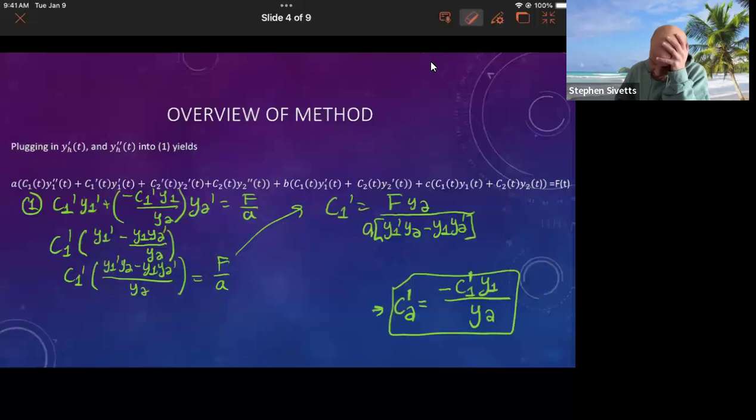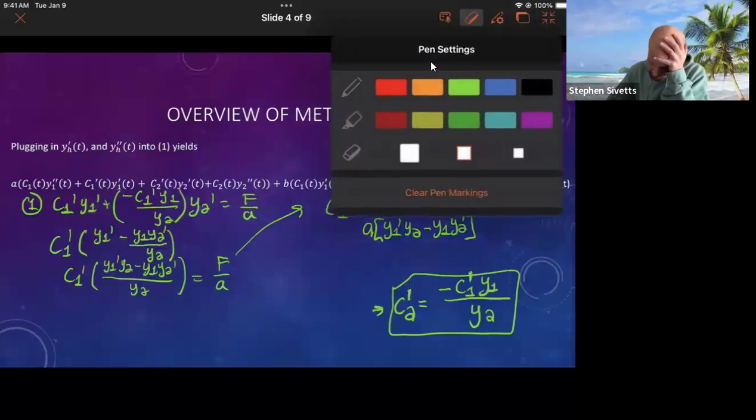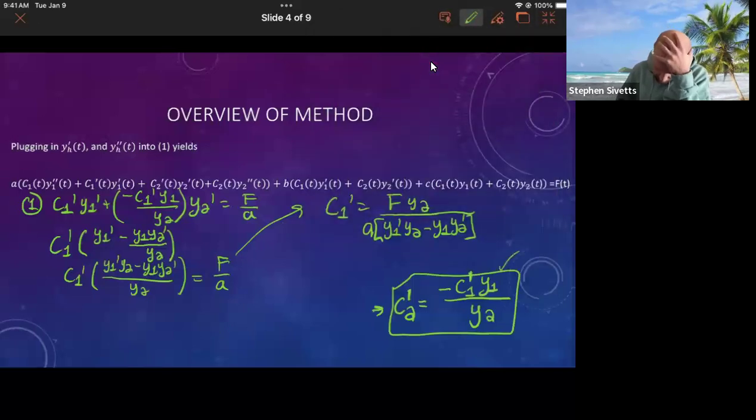And since we know C2 prime is equal to this quantity, we know that C1 is this.